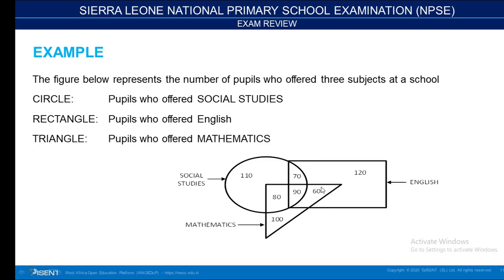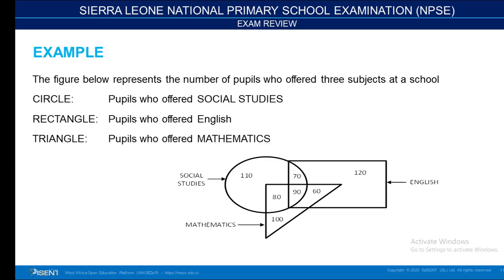And we have a triangle, and we also have a circle. Now, each one of these shapes represents a particular subject which a certain number of pupils offered in a school.